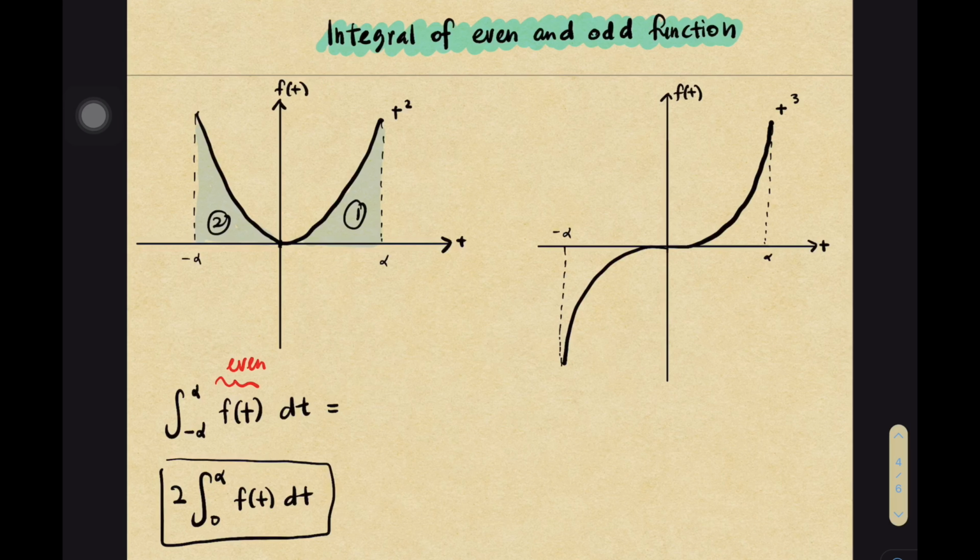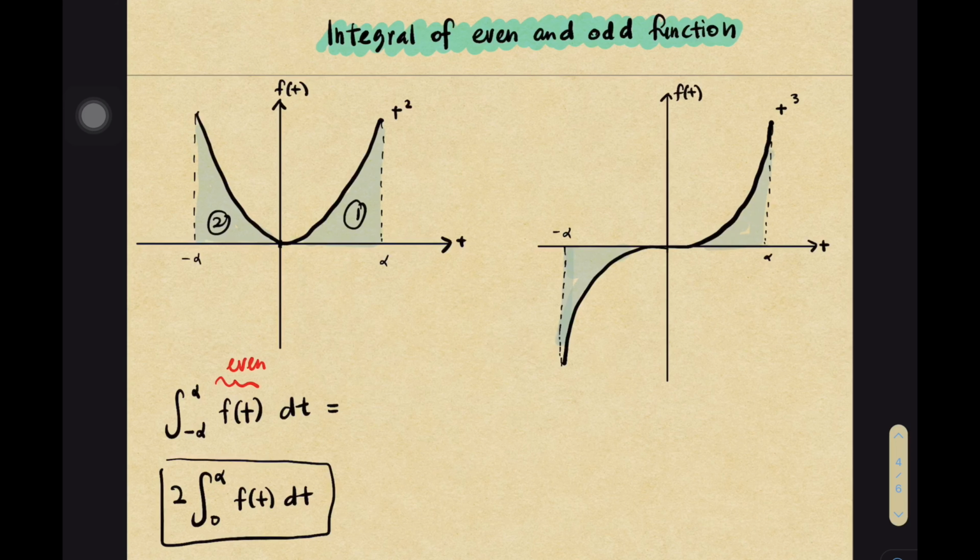If we have an odd function, where an odd function is symmetric about the origin, let's say the function t to the power of 3, when you sketch, you will get this kind of curve. You also get two equal areas, where the first area is here and the second area is here.